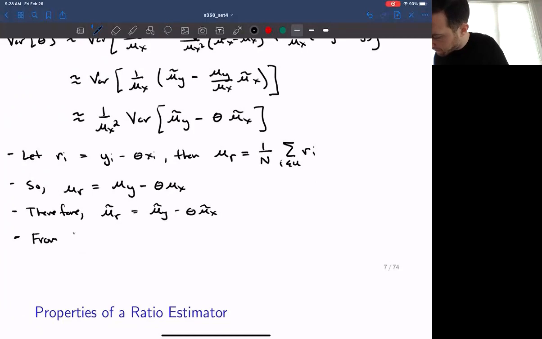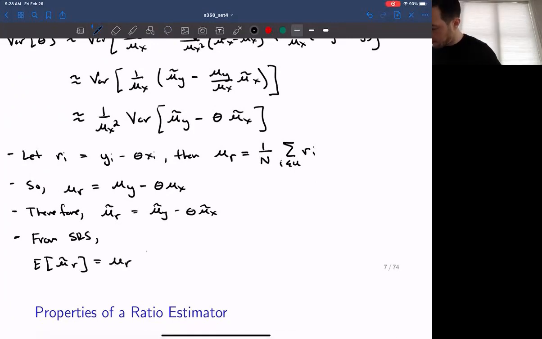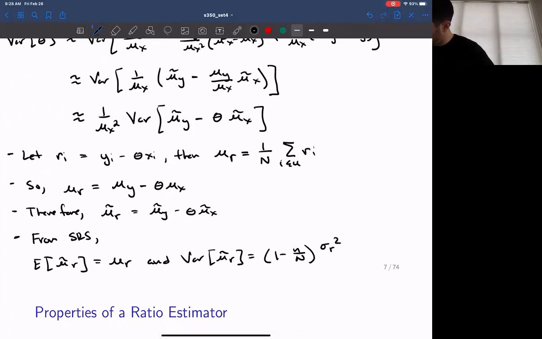And then we can say from SRS, the expected value of mu tilde r is equal to mu r, and the variance of mu tilde r is equal to 1 over n minus little n times this variance of the estimator divided by little n.